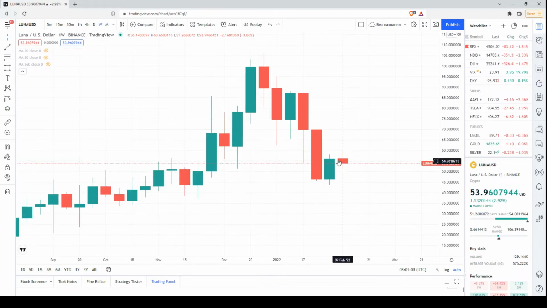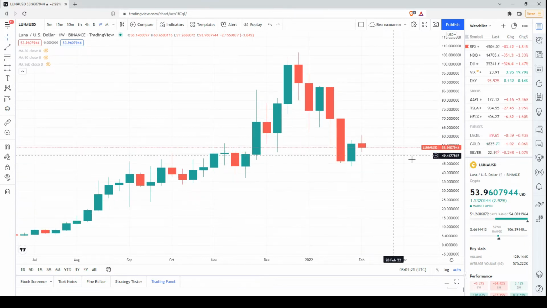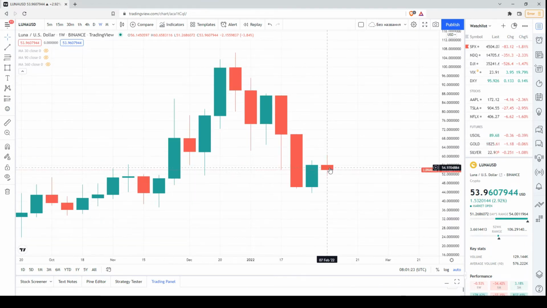I want to highlight that this candlestick has a local low almost at the level of the previous one or slightly below, but its local high is below the previous one, so it confirms the bearish dominance. Now we have another candlestick, a bearish one.